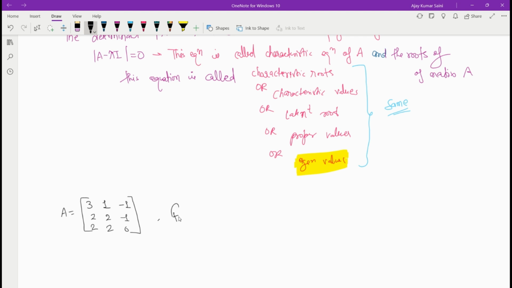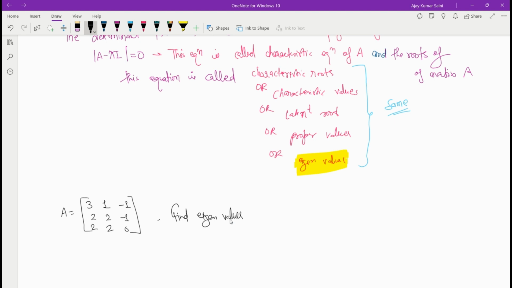So we need to find eigenvalues, okay. So it is very easy. So now I tell you how it is easy.